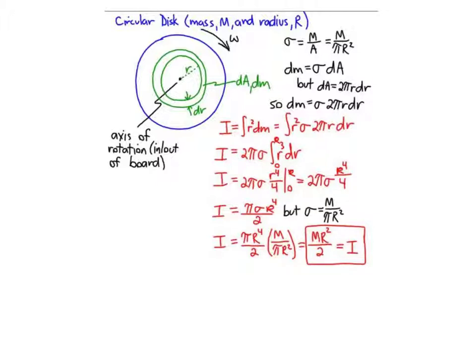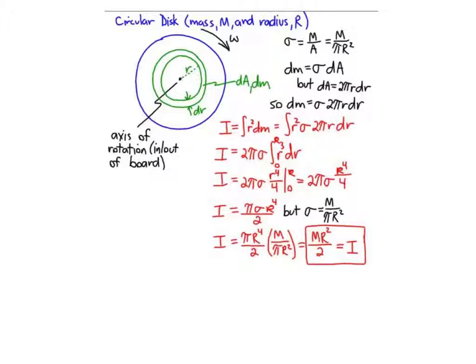And in order for us to evaluate the mass and add up all of those differential dm's, we have to define our dm as having a circumference of 2 pi r and thickness dr. So now we have a differential area associated with this dm, which we can then integrate.